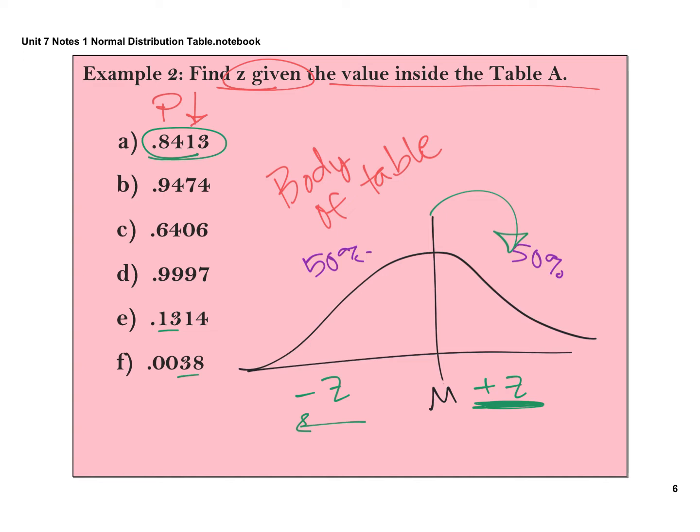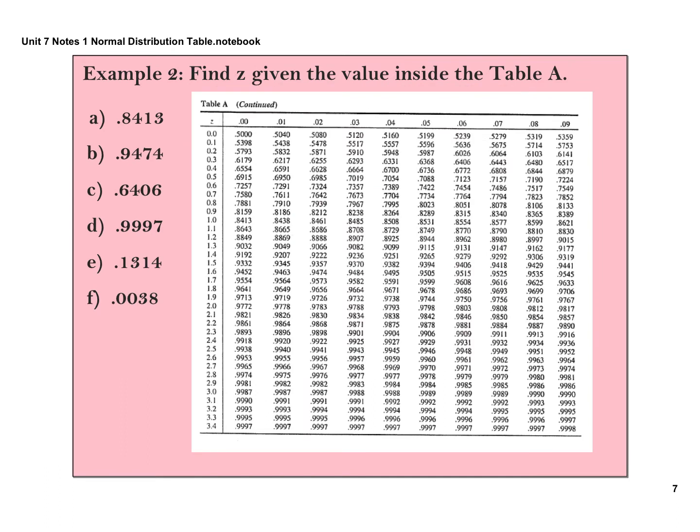So this 0.8413, this is on the positive side of your Z chart. It's above 50%, so it's on the positive side. So now I'm looking in the body of the table to find that value. The p-value is in the body of the table.